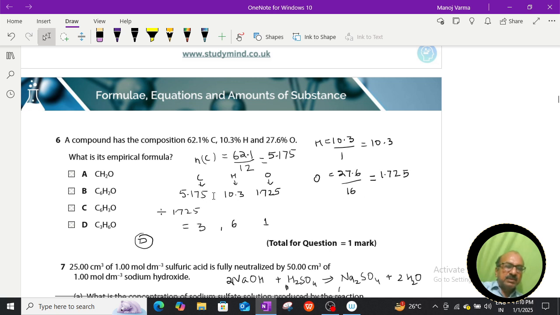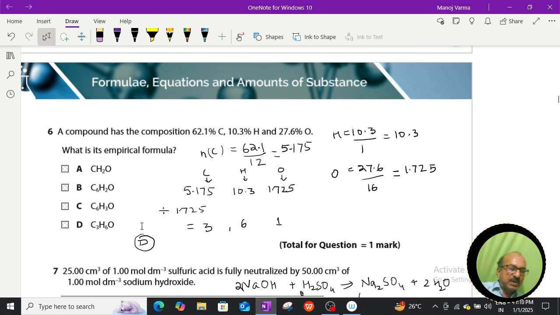Now write down the values which you got and then divide by the smallest number, which is 1.725. So you get this ratio, 3:6:1. So obviously D is the correct answer, where it is 3, 6 and 1. So D is the correct answer.